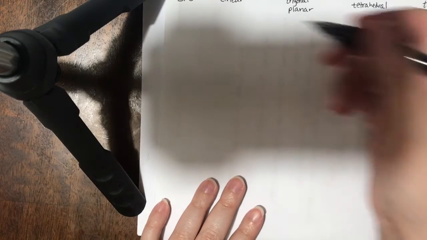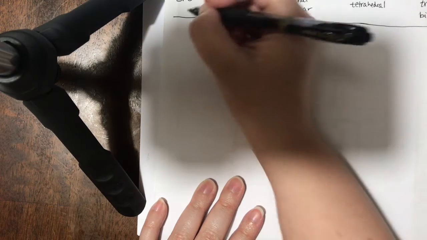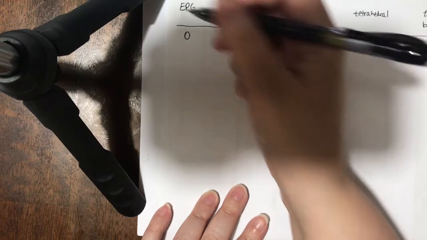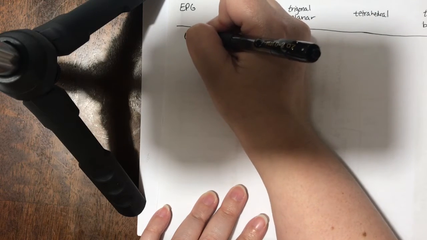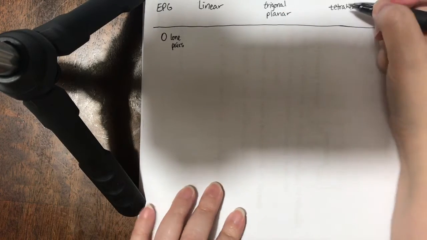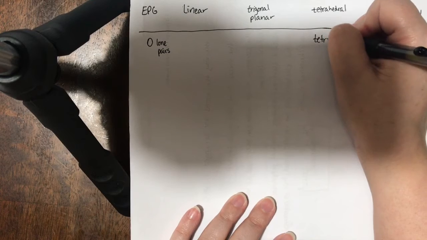Okay, so then we want to record that on our chart here. Underneath our EPGs, we're going to propose our possible MGs. This first line is going to be when there are no lone pairs. And when we have tetrahedral with no lone pairs, it's still going to be called tetrahedral.